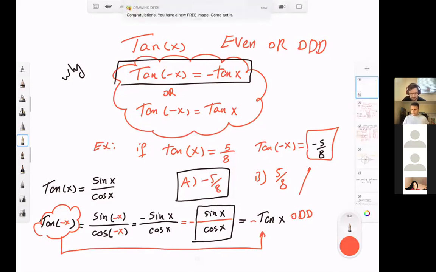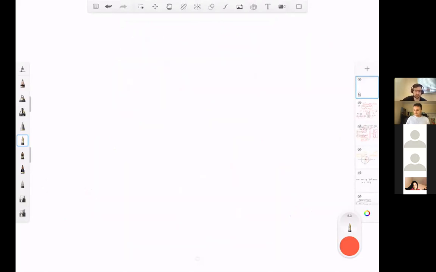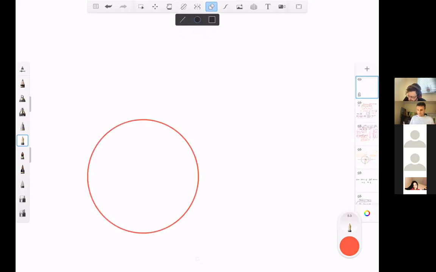All right, let's have another type of question. I give you a unit circle.